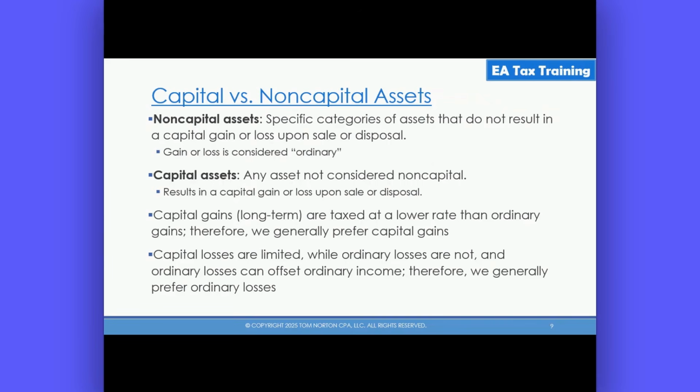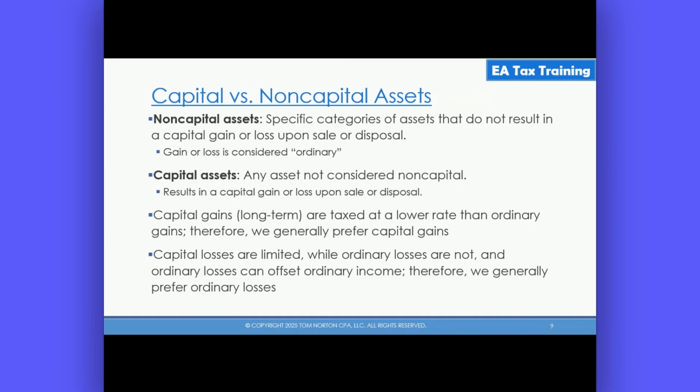There is this list of items that are not considered to be capital assets. And so those are non-capital assets. So if those are sold or otherwise disposed of, the gain or the loss on the sale of that asset is an ordinary gain, meaning it's taxed at all the same regular ordinary tax rates that other income is taxed.